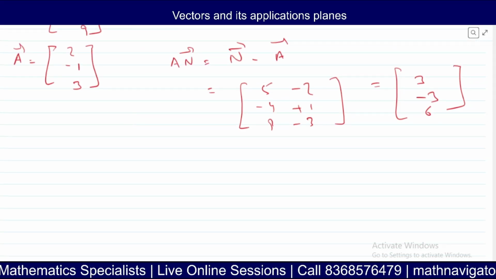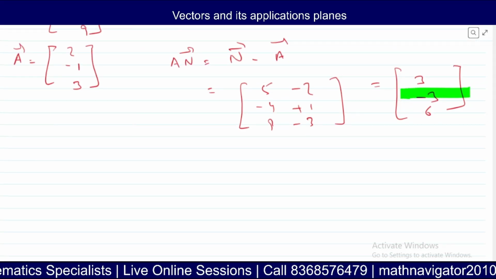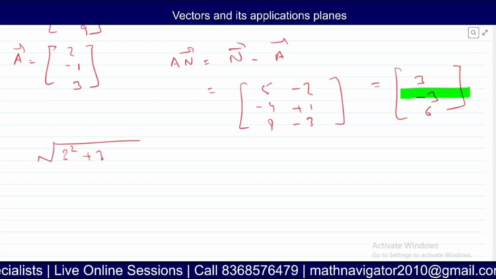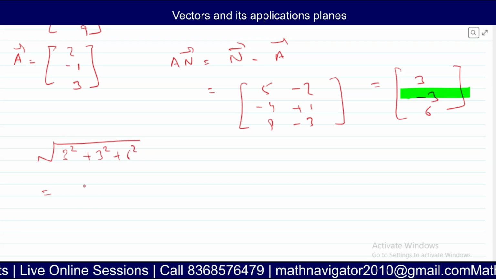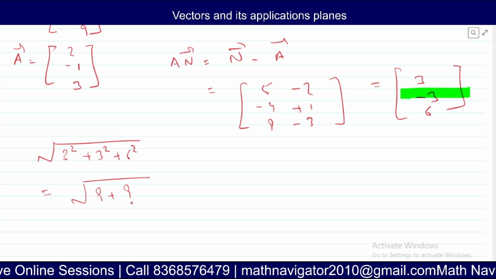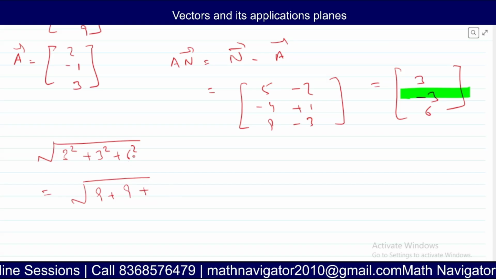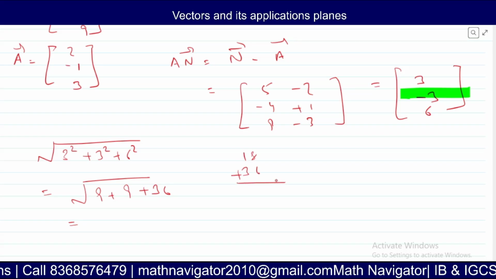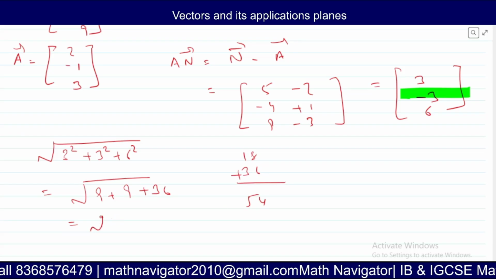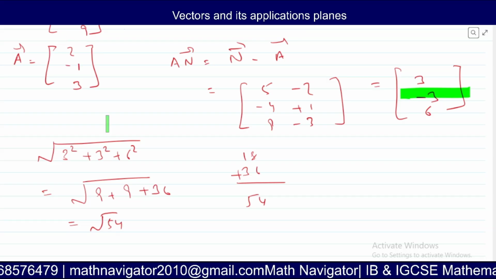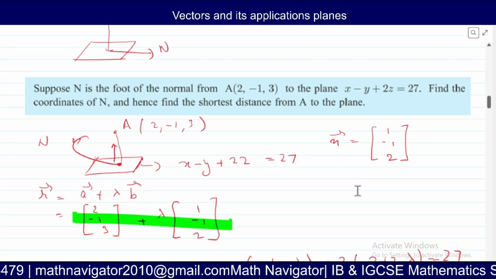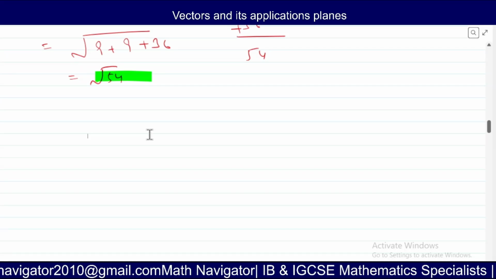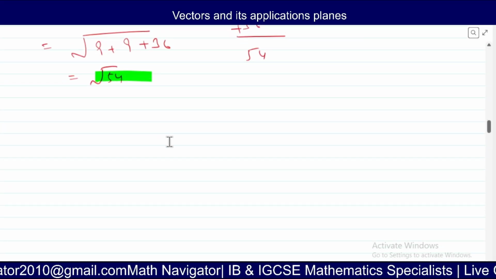This is my vector AN, and I want to find its magnitude. So how will I find the magnitude? Under root of 3 squared plus 3 squared plus 6 squared, which is 9 plus 9 plus 36. 18 plus 36 is 54. So under root 54 is my answer. The distance of this point from the plane is root 54 units.